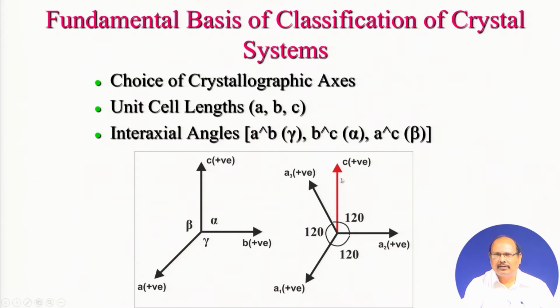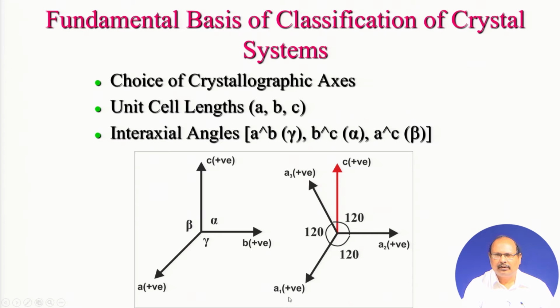In case of crystals belonging to the hexagonal and trigonal crystal systems, there are 4 axes. The axis which is vertically oriented, we call the C crystallographic axis, whereas the axes which lie in the horizontal plane are called the A1 axis, A2 axis and A3 axis. A1 is pointed towards us.